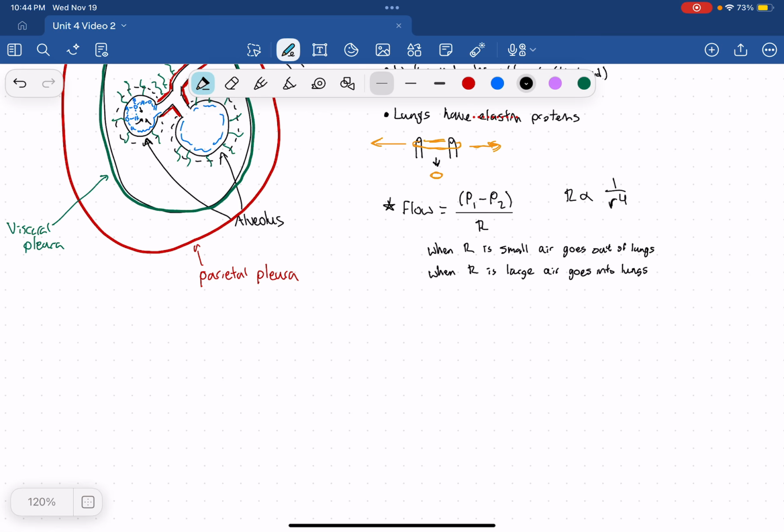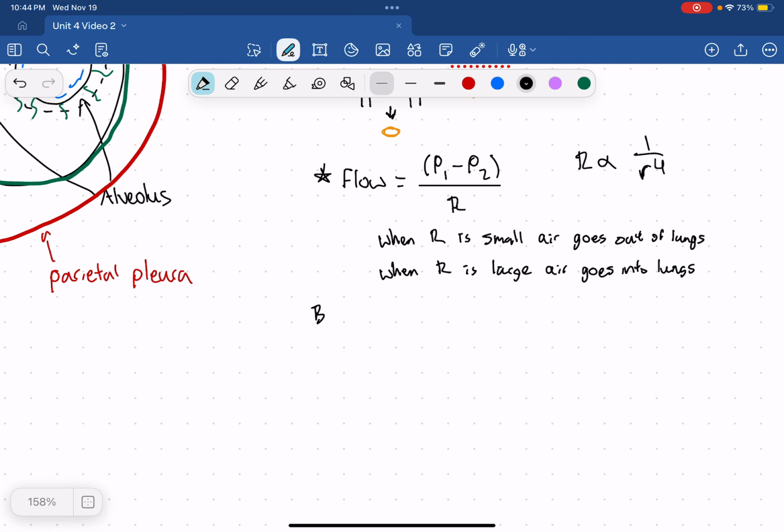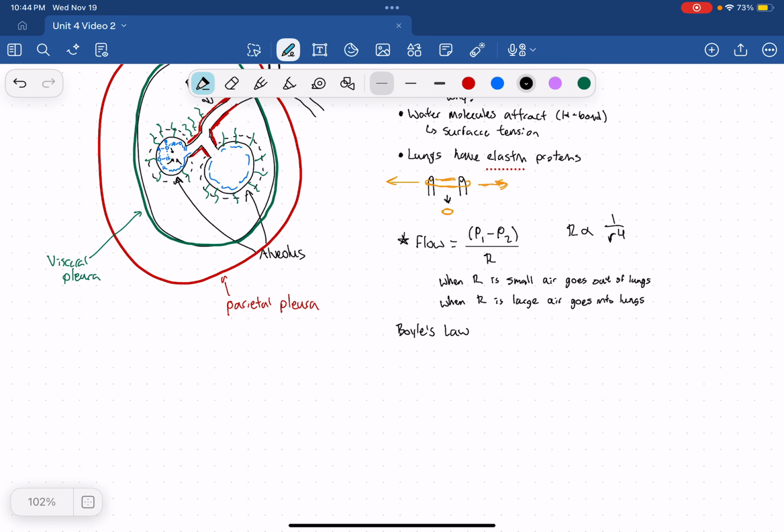So Boyle's law helps us to understand that if the volume of the space containing a gas increases, right?